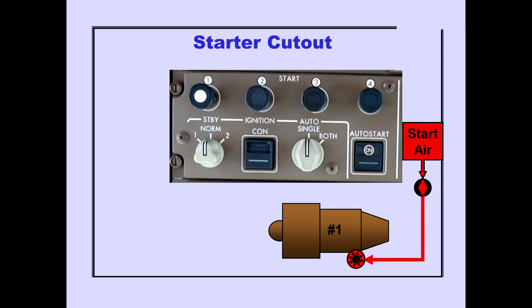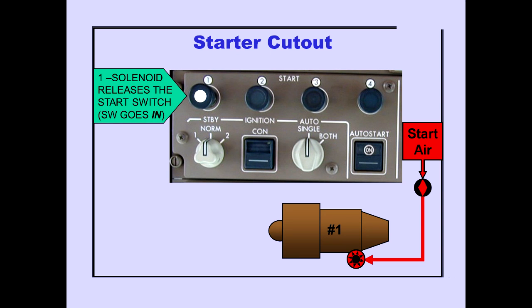At starter cutout, the start switch solenoid releases the start switch and the switch springs back to the in position. Starter cutout occurs as N2 RPM increases past 50%. The light extinguishes when the start valve closes.